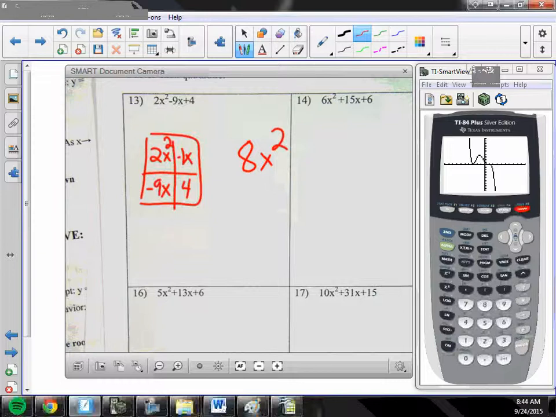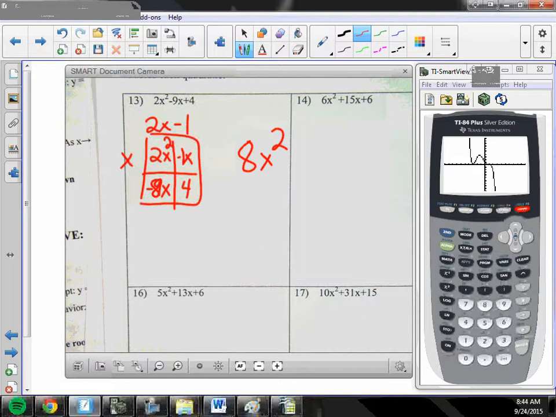Okay? So, what does the top row share? Just an x. X times what is 2x squared? 2x. X times what is negative 1x? 2x times what is negative 9x? Oh, sorry, that's supposed to be an 8. Yeah, that doesn't work.